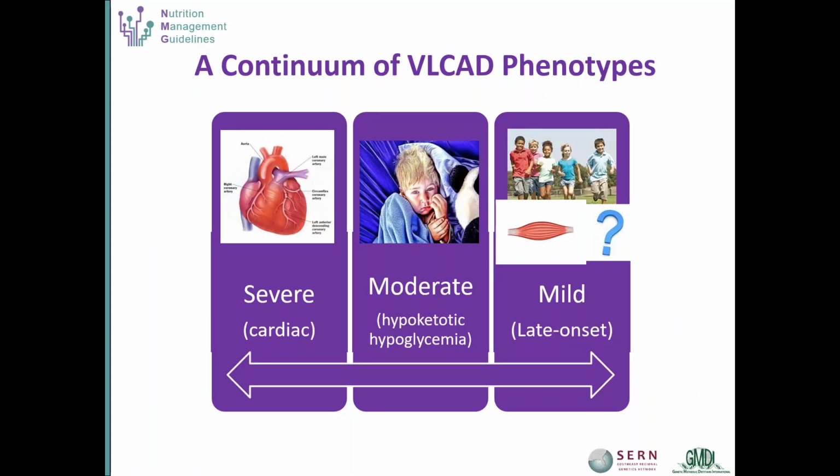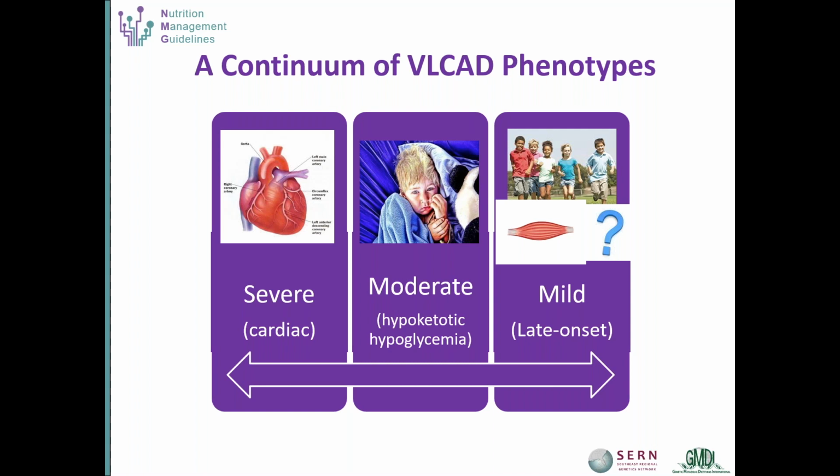One thing that we needed to keep in mind when developing these guidelines is that there is a continuum of different phenotypes for VLCAD. There's the severe phenotype, also called the cardiac phenotype. These individuals can become sick quickly and can develop cardiomyopathy and other cardiac problems.